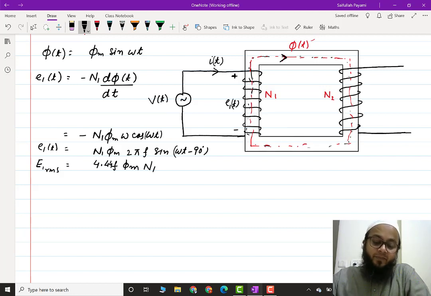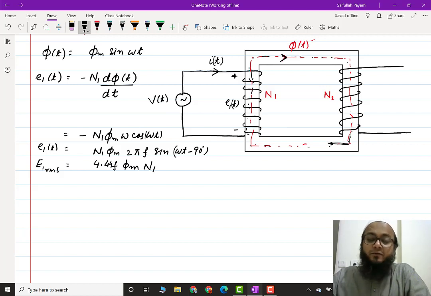Let's say the flux is increasing in this direction. The polarity should be such that it tries to counter the increase of the flux, because Lenz's law has to be taken care of.